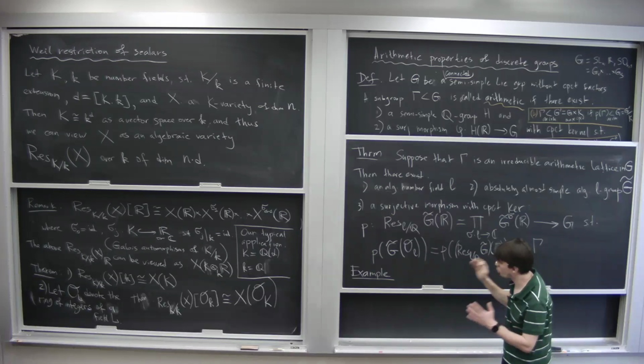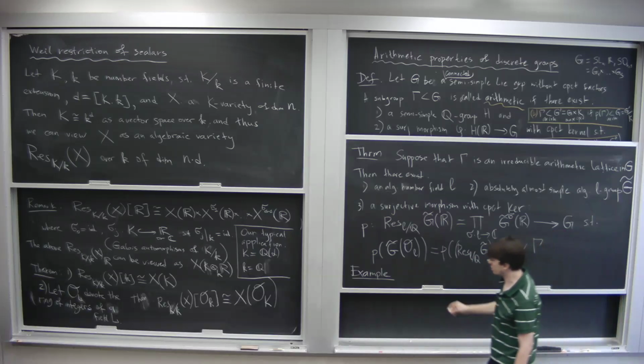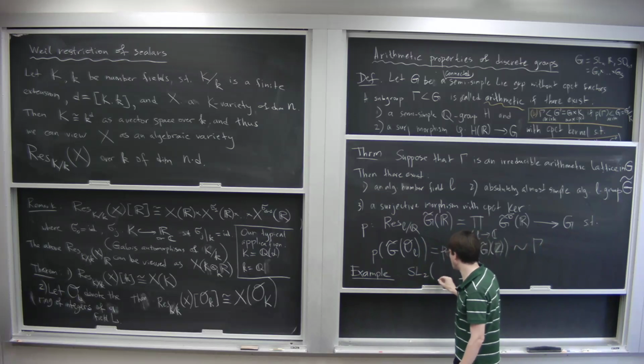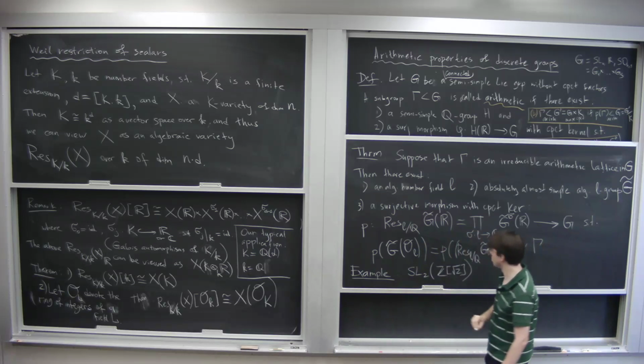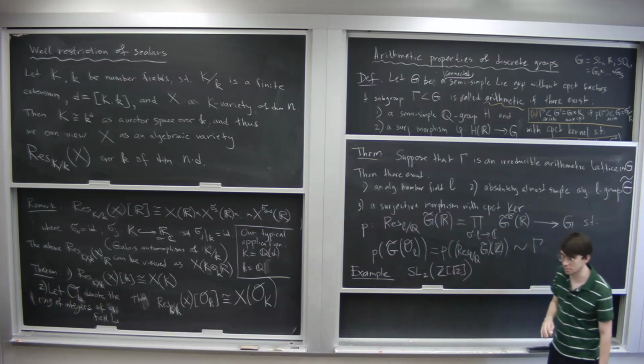So what is an example? I think that's a very good example. So an example where I take SL2 of this ring, the ring of integers of Q adjoined square root of 2.